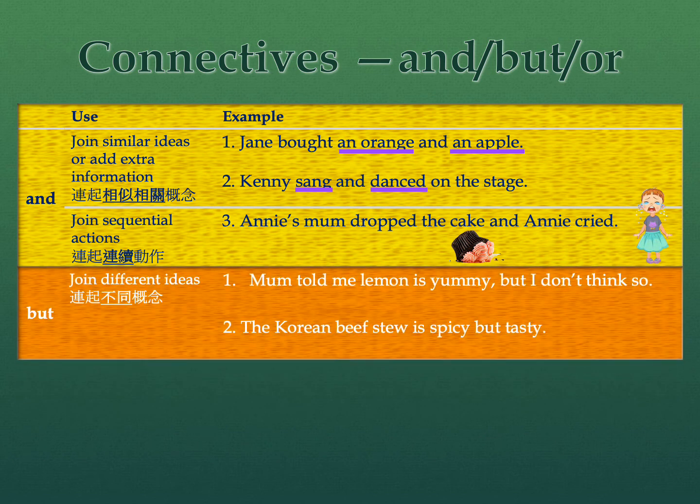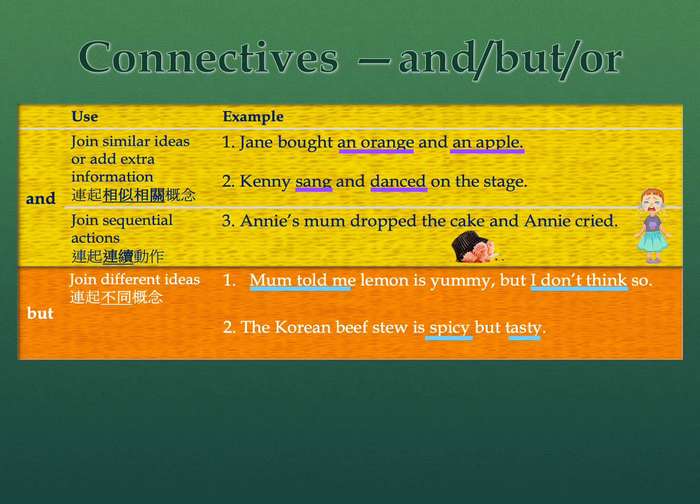But we use it to join different ideas. So my mom thinks lemon is yummy, but I don't think it is. The Korean beef stew, it is spicy, but tasty.